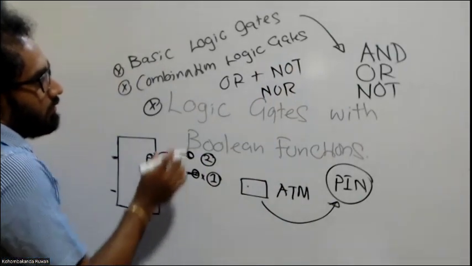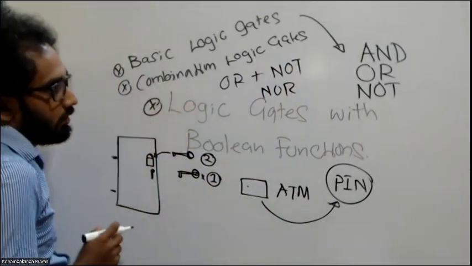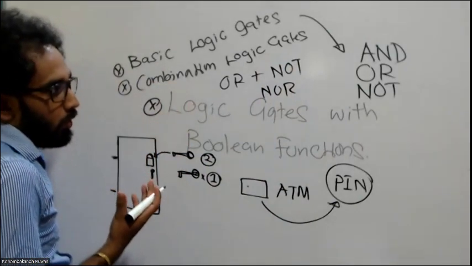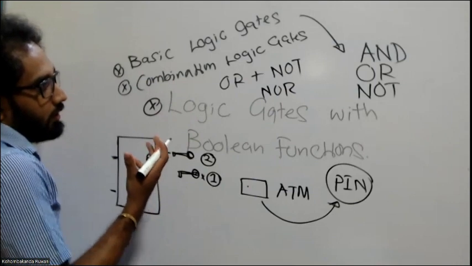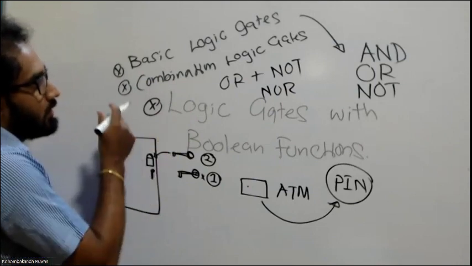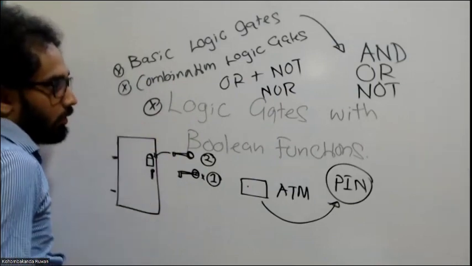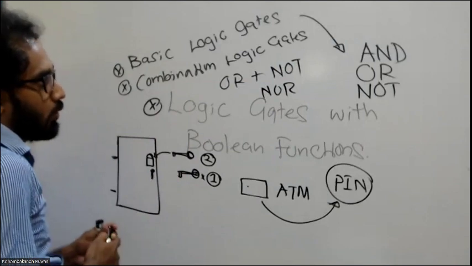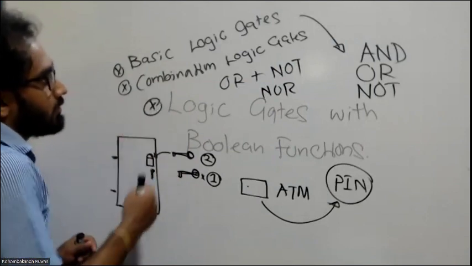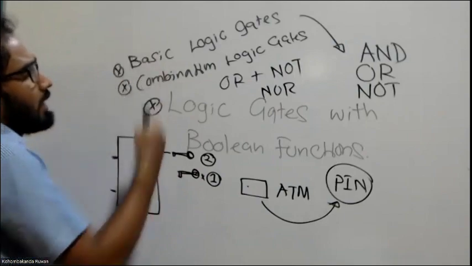Likewise, we can say it is a combination of logic gates. Two or more logic gates combined together is a combination of logic gates. We will talk about that later. First, we will talk about the basic logic gates.